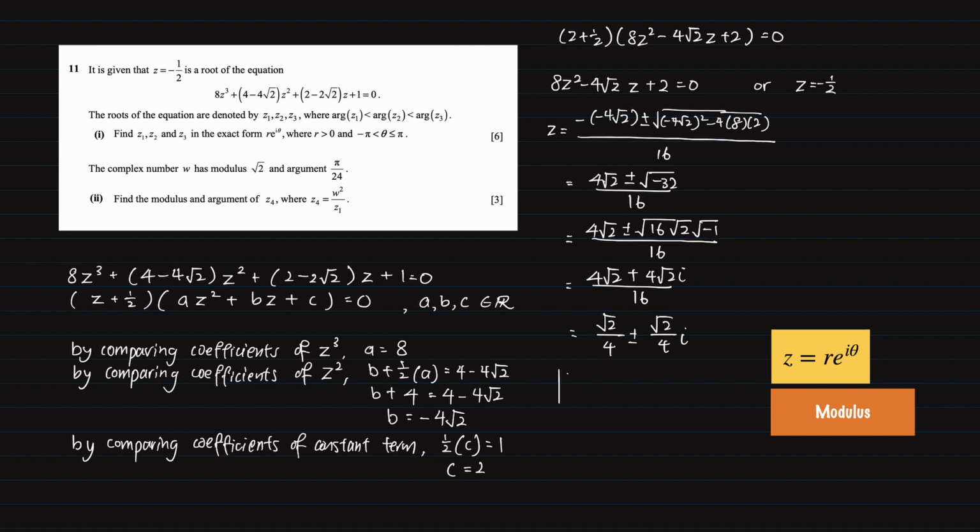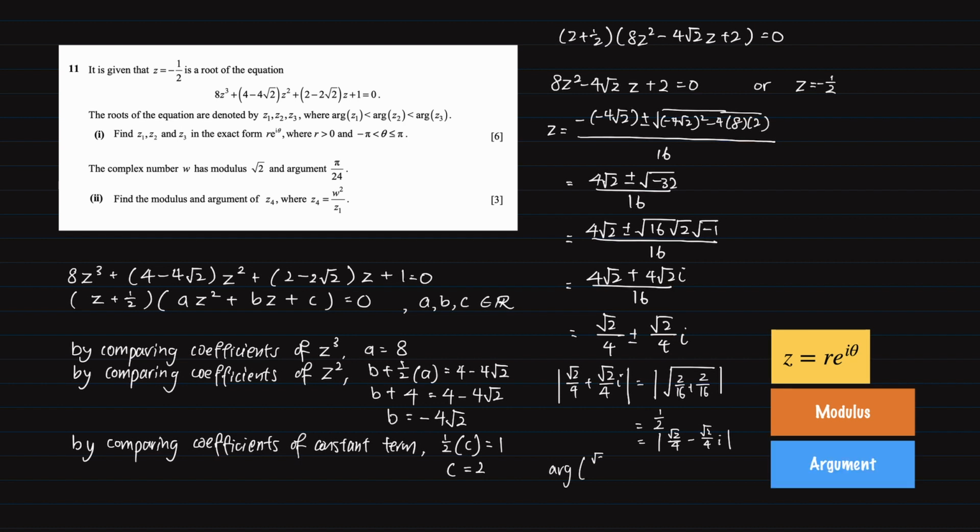For example, to find the modulus of square root 2 over 4 plus square root 2 over 4 i, this will equal the square root of 2 over 16 plus 2 over 16, and this will equal half. Now the modulus of square root 2 over 4 minus square root 2 over 4 i is also half. The next ingredient we are finding will be the argument of square root 2 over 4 plus square root 2 over 4 i.